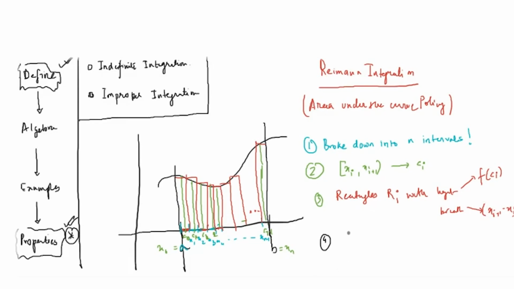So they defined that the integral from a to b of f(x) dx is close to, I will define what close to means, the summation of f(ck) times (xk minus xk minus 1), with k going from 1 to n. This was sort of the equivalence.